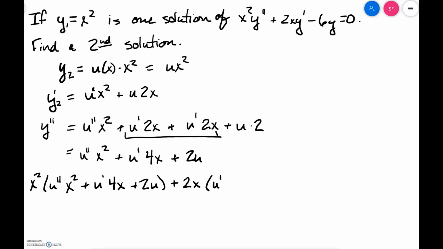So we've got u prime x squared plus u 2x, and then minus 6, my original one, which was u x squared, and that should equal 0. Well, that wasn't too bad.